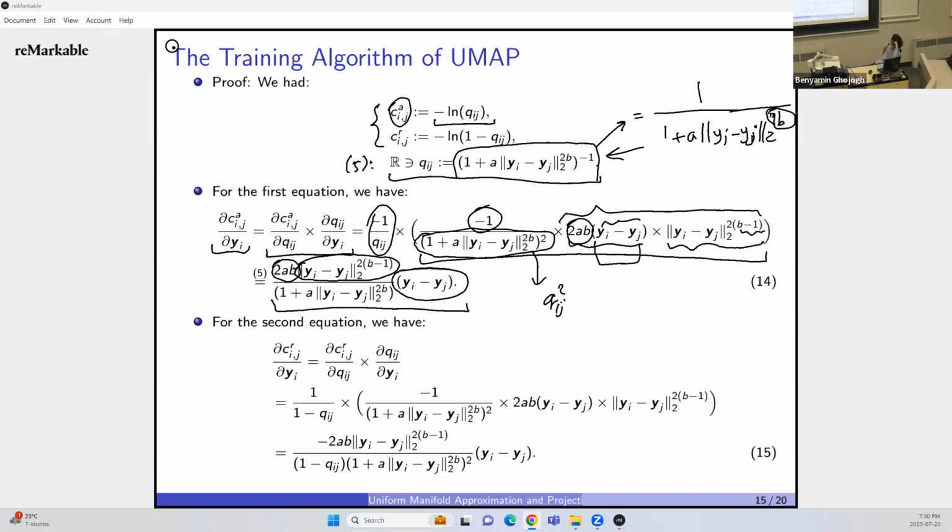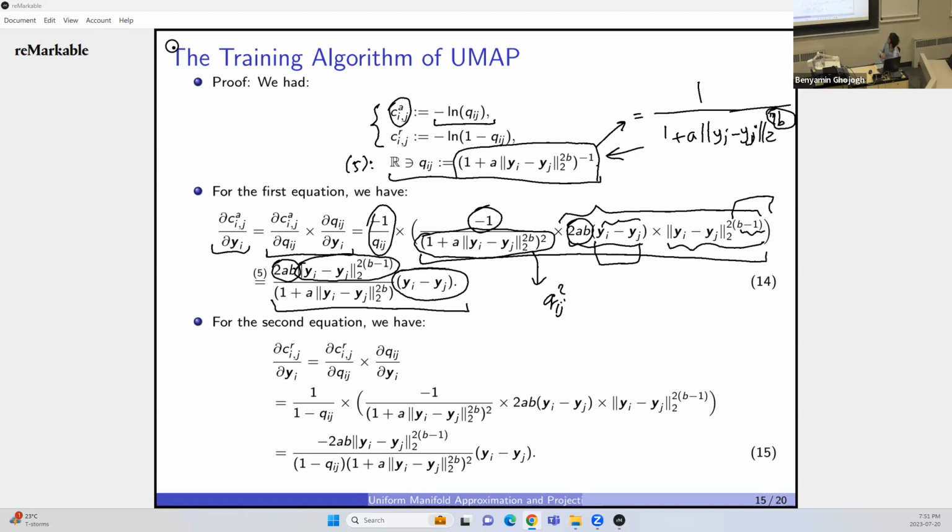Yes, that's correct. The power is 2b minus 1, and in the denominator the power is 2b. Where is 2b minus 1? In the numerator we have 2b minus 1? It's the same, like b minus 1. You mean here, right?